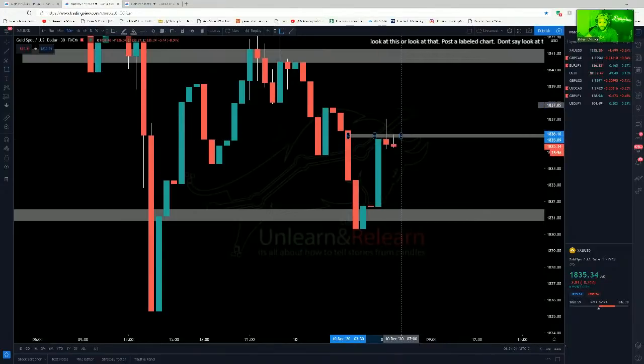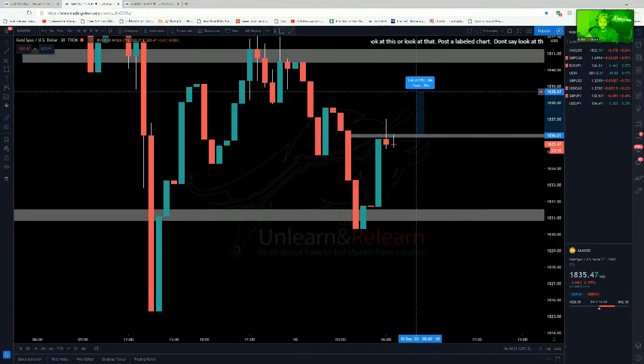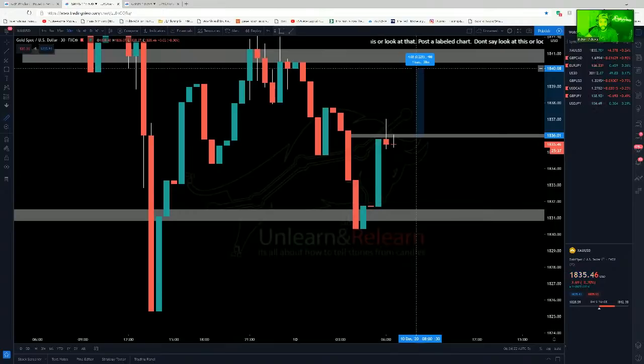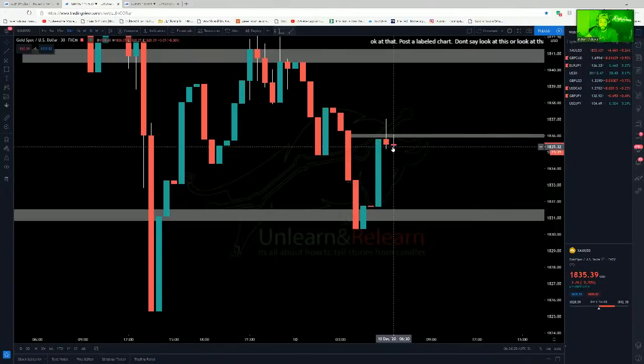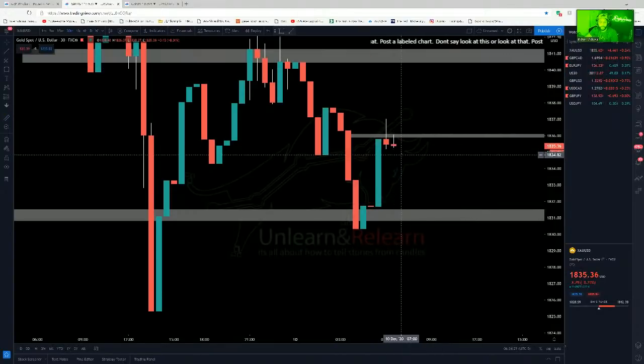If you want it to move down, I'm probably concerned about 1834 right over here, because gold may come down and then start to reject this area as well. So that's why I would look for buys above 1836 for price to continue moving up. Or if we can smoothly come below this level, then we can continue moving down.